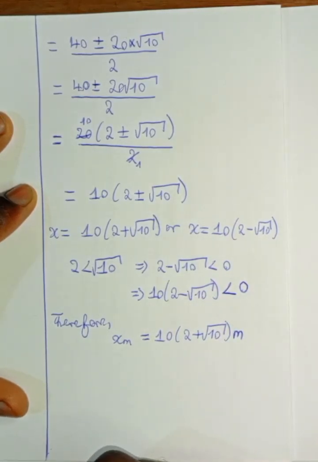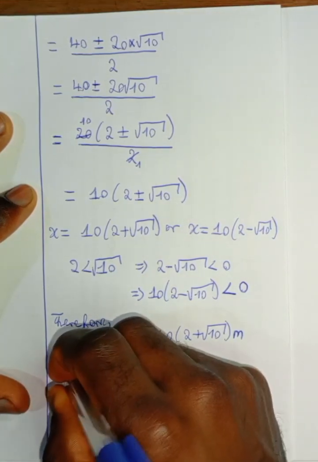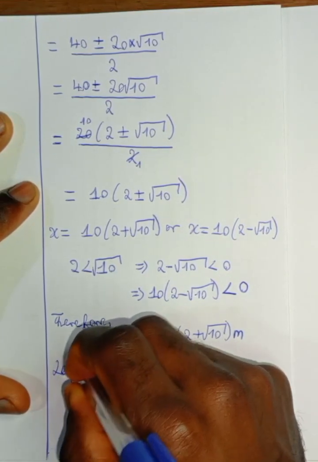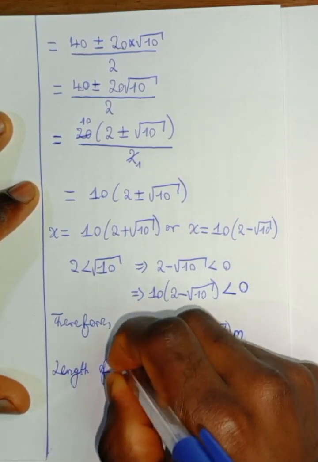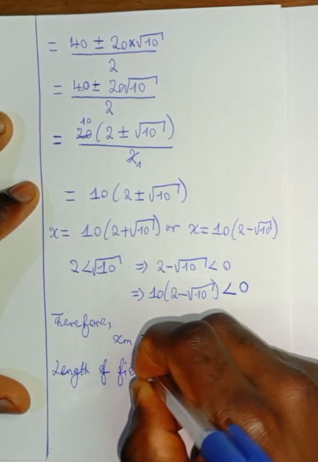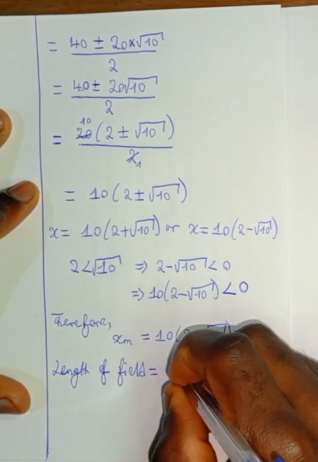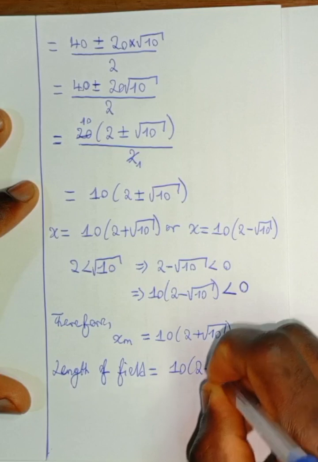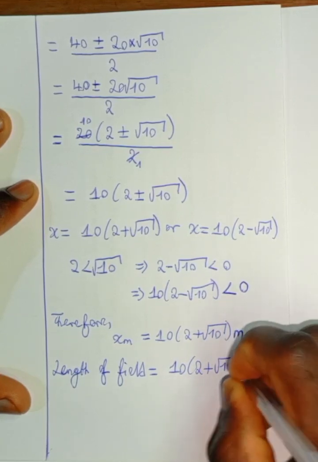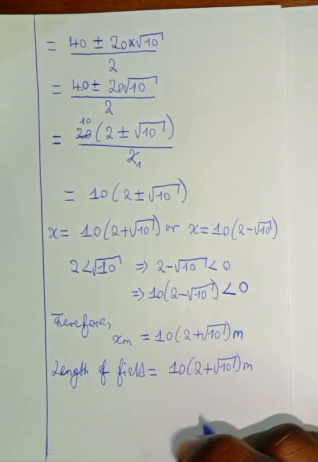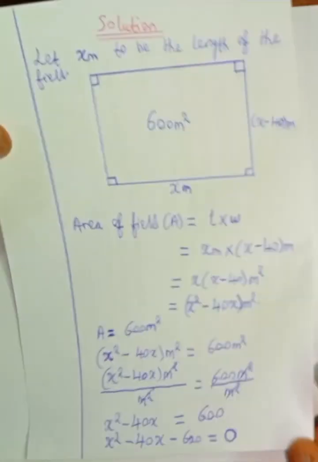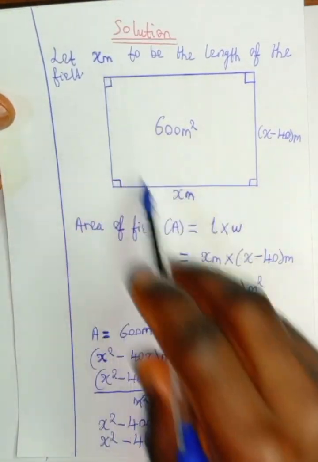Now we can proceed to find the length of the field. So the length of the field will simply be equal to 10 times 2 plus root 10 meters. Remember, we let the length of the field be x meters. This is it. Next, we have to find the width.